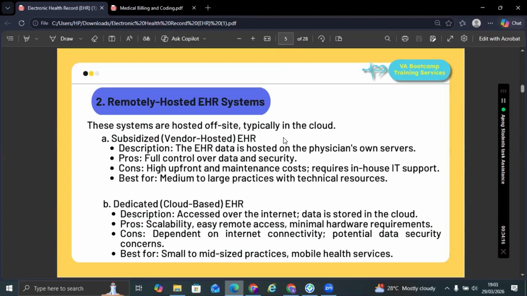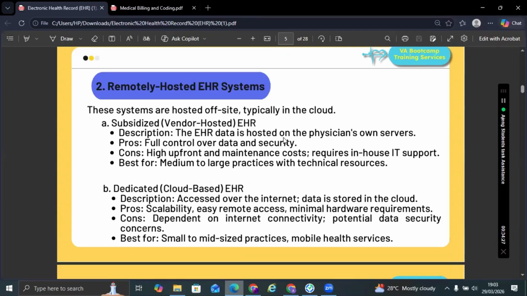Secondly, it's about remotely hosted EHR system. These systems are hosted off-site, typically in the cloud. Okay, there are two types. Subsidies, it's a vendor-hosted EHR.